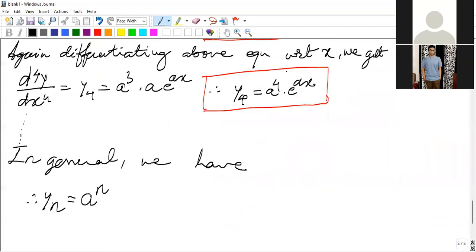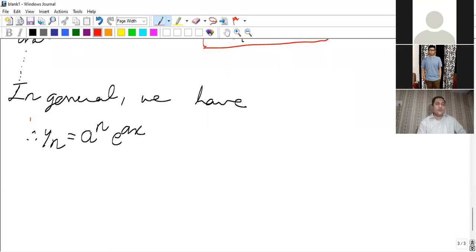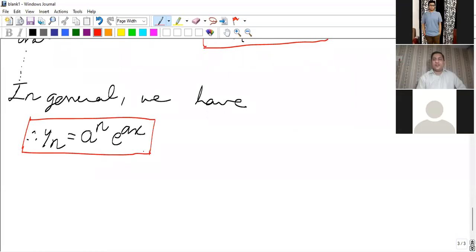And what will happen to the function e raised to ax? It will remain as it is. And this is how we got the nth derivative.